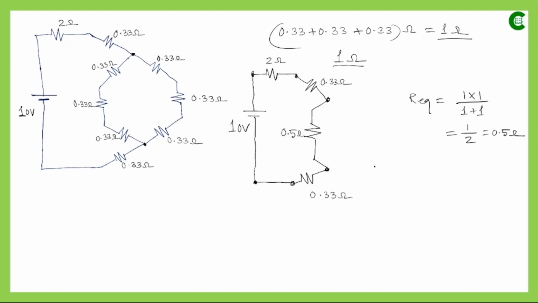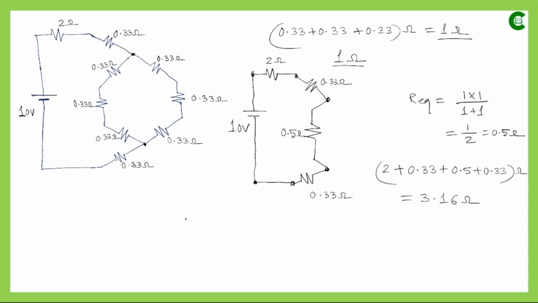So their equivalent resistance will be just the summation of all these individual values. So it will be 2 plus 0.33, then plus 0.5 plus 0.33, and this value will be 0.66, then 1.16, so it will finally be 3.16 ohm.